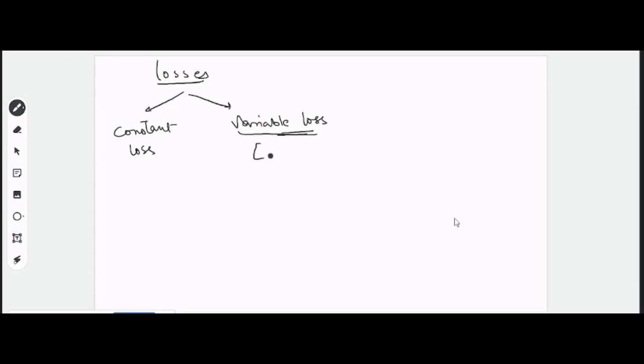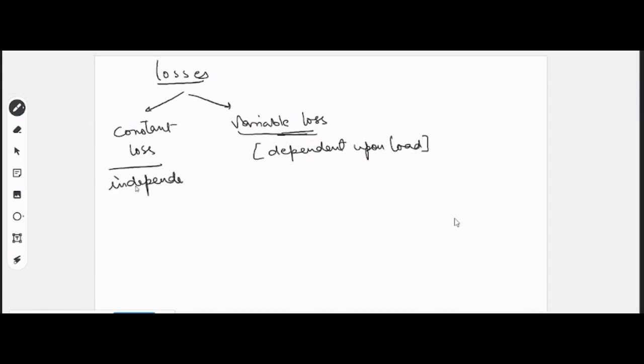Basically, in case of electrical machines, you could have studied that losses can be divided into 2 parts. One called the constant or fixed loss, right? The other called variable loss. Why do we call the other losses variable loss? Because they are dependent upon the load. Your variable losses are dependent upon the load, whereas fixed losses are independent of the load.